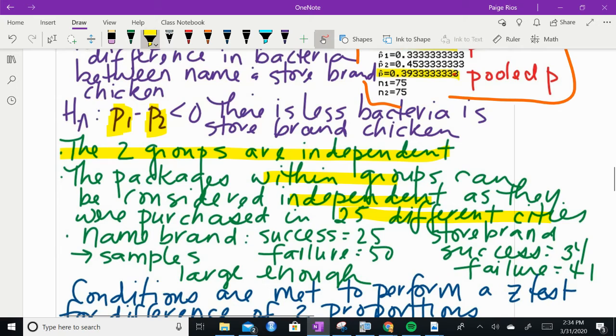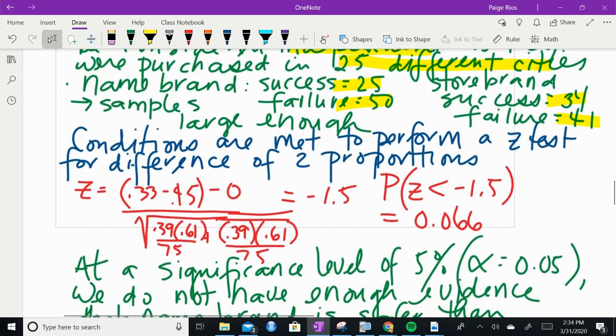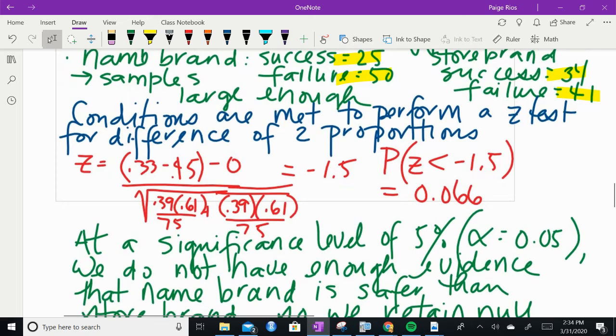So you don't want to say it's a simple random sample. You don't want to say it was randomized. This is the context of we purchase them in different places. And then the next part is making sure that my sample is large enough, so all of these numbers for successes and failures are greater than or equal to 10. Once again, the conditions are met to perform a z-test for a difference of two proportions.